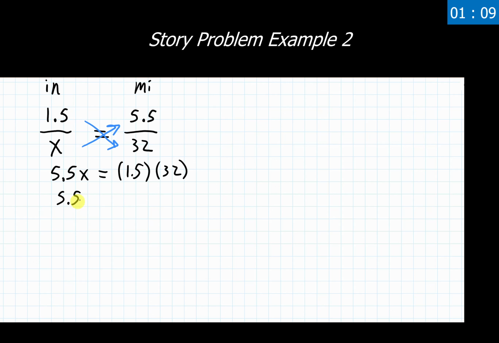I get 5.5x is equal to 48. I want to get x by itself, so I'm going to divide both sides by 5.5. And I'm getting 8.727272, and it repeats on and on forever.